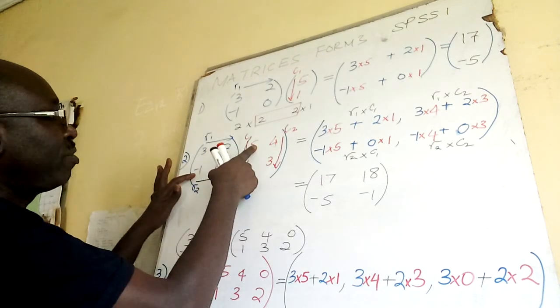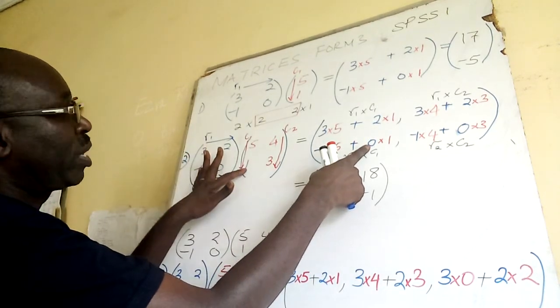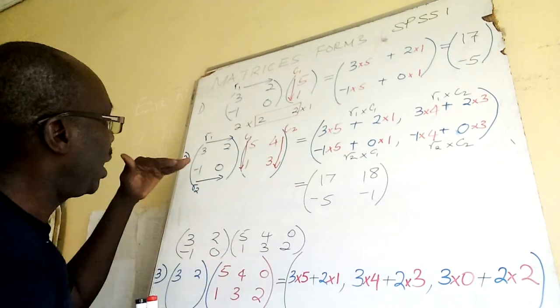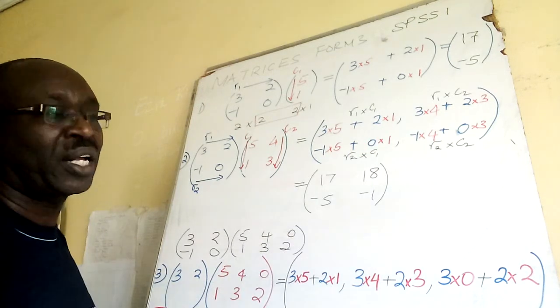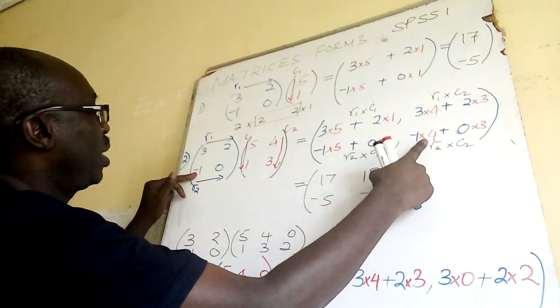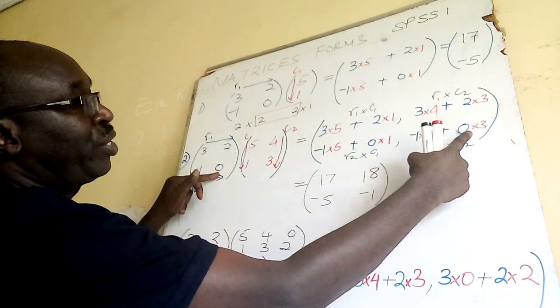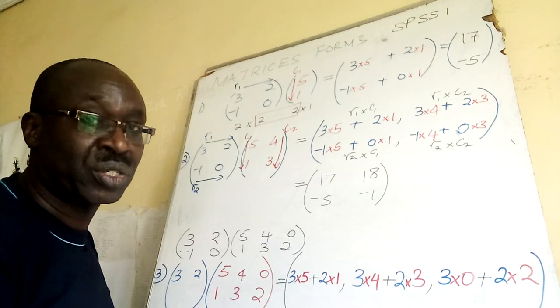So -1 by 5 here, and then head, head, 0 by 1. Then there is another column. So here, -1 by 4 here, and then 0 by 3 here. That is the process.